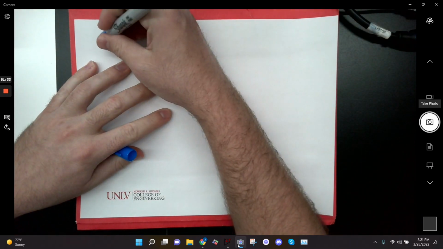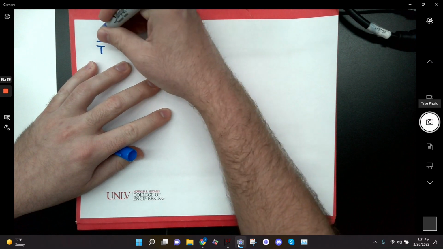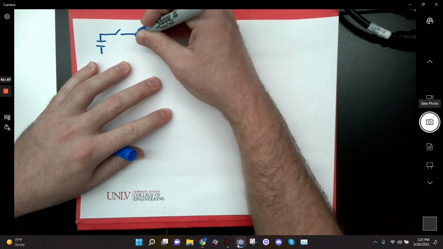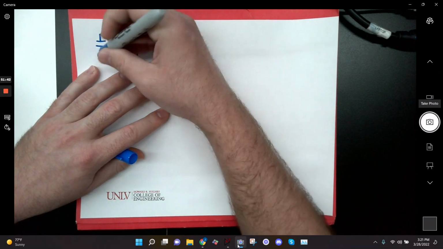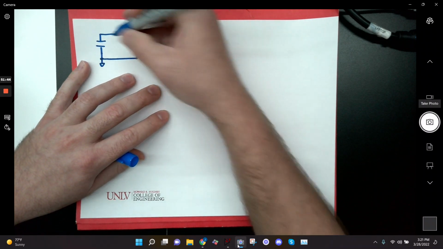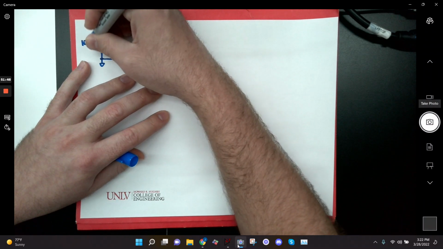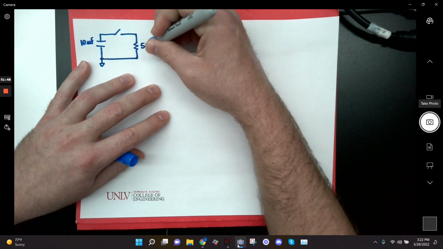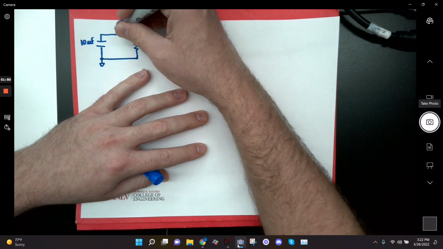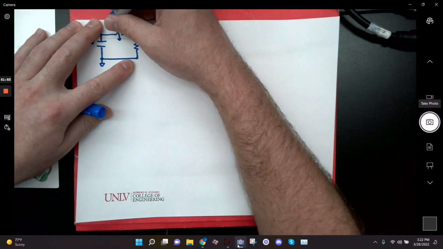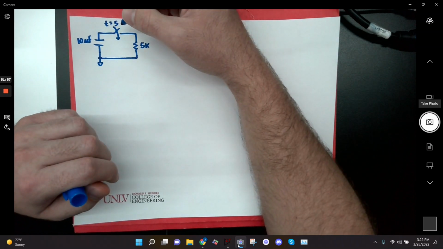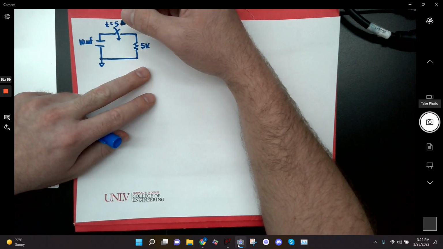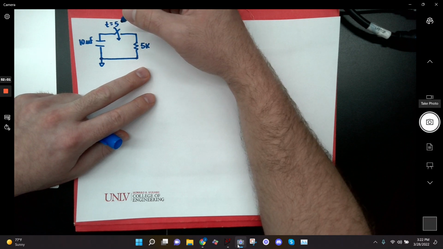Let's say I've got a capacitor sitting here, initially charged. I've got a switch. I've got a resistor to discharge through. We'll call this 10 microfarads, and let's go 5K here. And let's say that the switch closes at t equals 5. Hold on, let me figure out what the time constant is. 50 milliseconds.